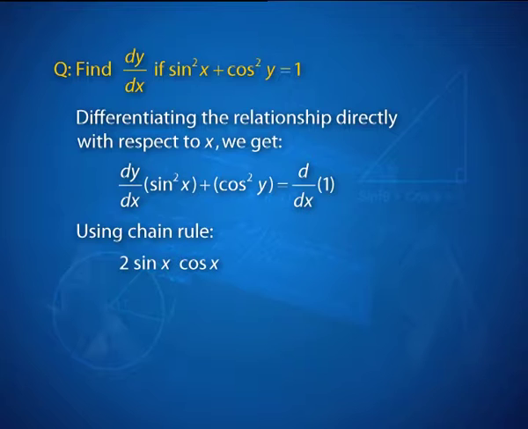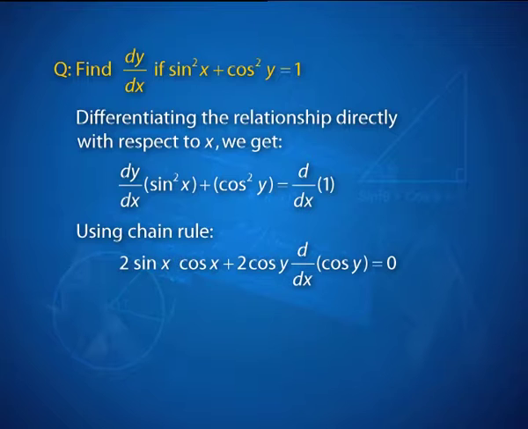Therefore, applying the chain rule, I get the derivative as 2 cos y into the derivative of cos y, and the right hand side of course is 0, because the derivative of a constant is always 0.